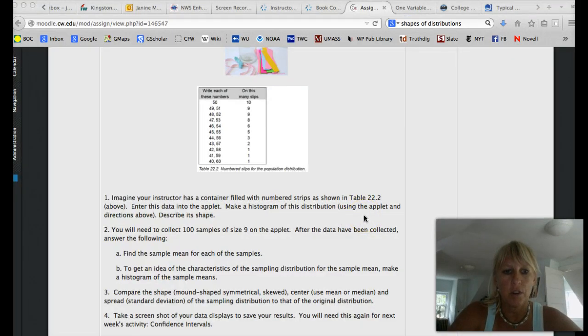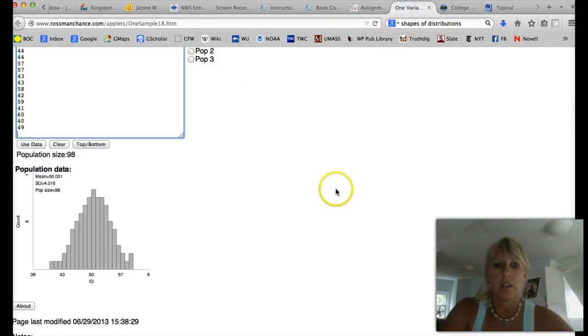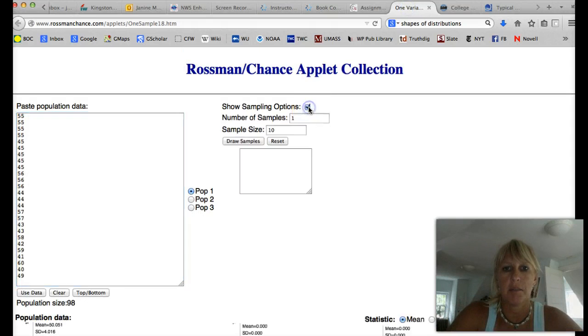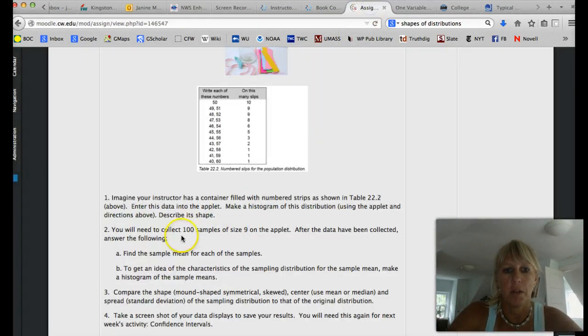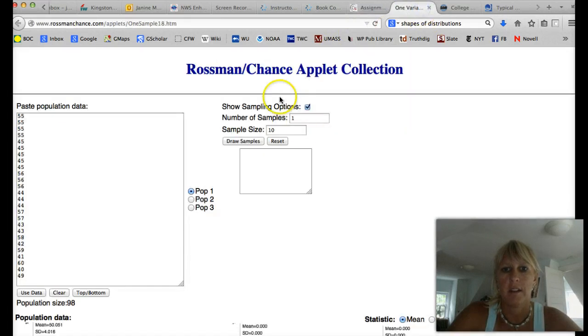Okay, for part 2, you're going to need to collect 100 samples of size 9. That's like when I grabbed 9 out of here and found the average. So we are going to show sampling options here. Number of samples, I believe, was 100 samples of size 9. So we're going to type in 100 here. Sample size is 9.